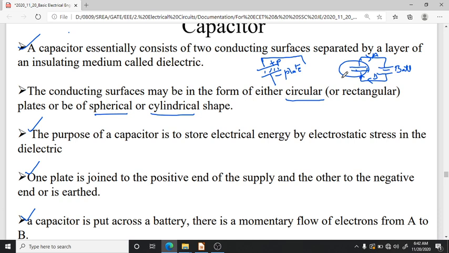This electrostatic field, electrostatic stress, is nothing but energy inside the battery, and that electrostatic energy is what we use for mobile usage.